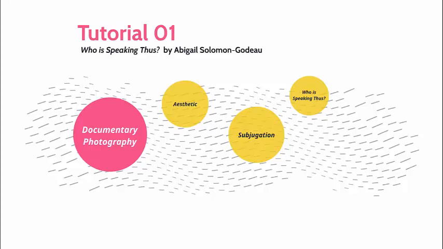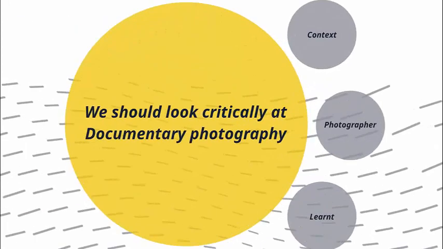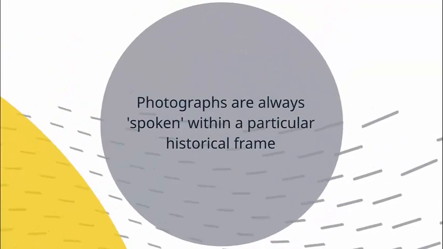So what Solomon-Godeau essentially asks us to do in "Who is Speaking Thus?" is to look critically at documentary photography. Her question, "Who is Speaking Thus?", is an attempt to help us recognize that photographs are always spoken. They are the products of their context because they are spoken within a particular historical frame.